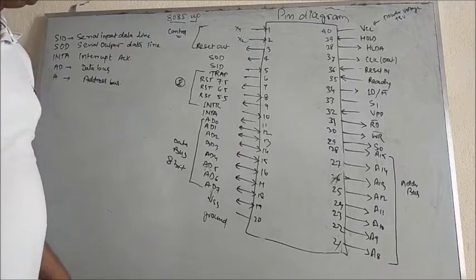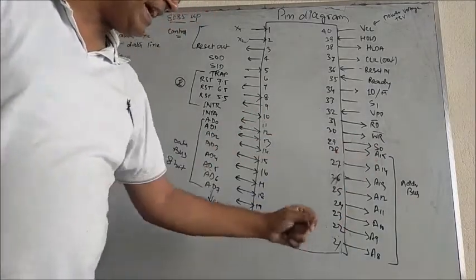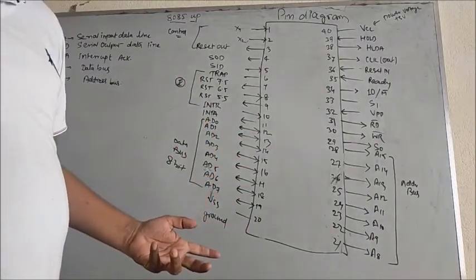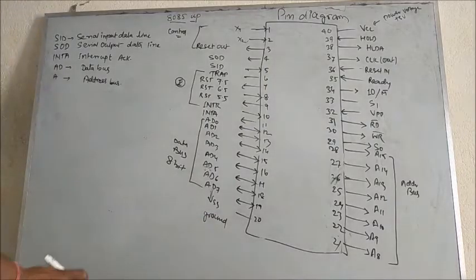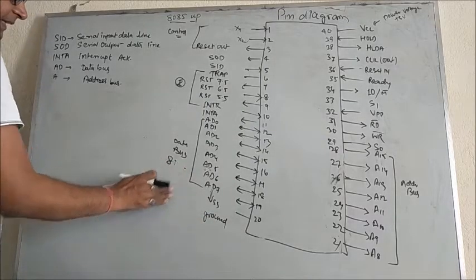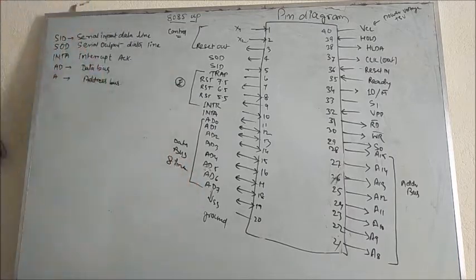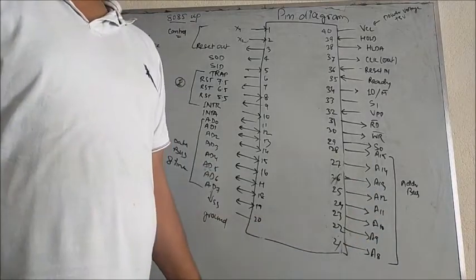On the other hand, from A8 to A15, you again have 8 lines. Not 8 bits, let it be 8 lines, and this is 8 lines, right? So what do 8 lines mean? Again the next 8 lines are associated with the address bus.